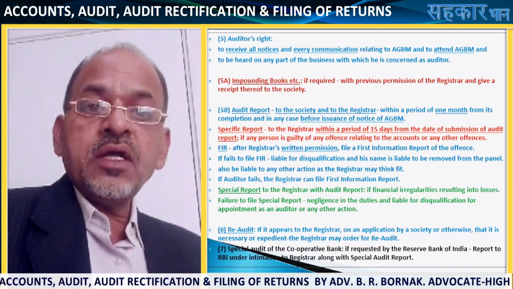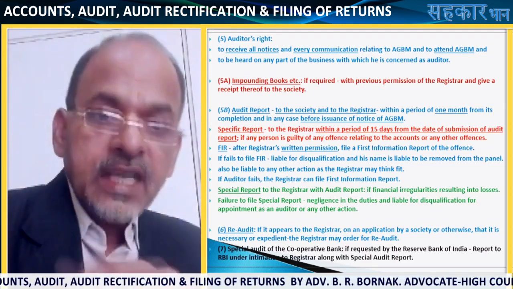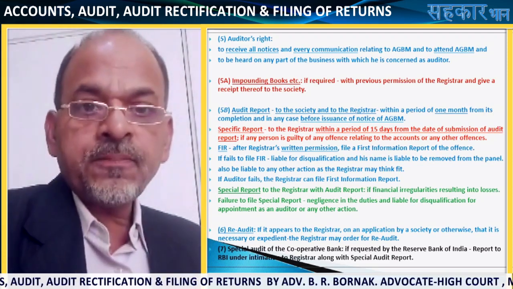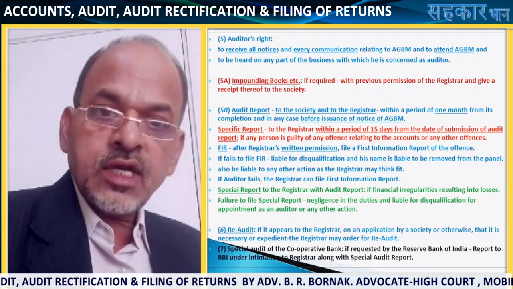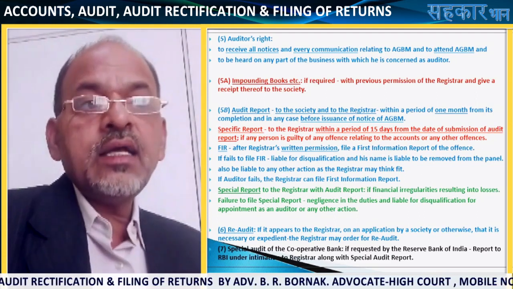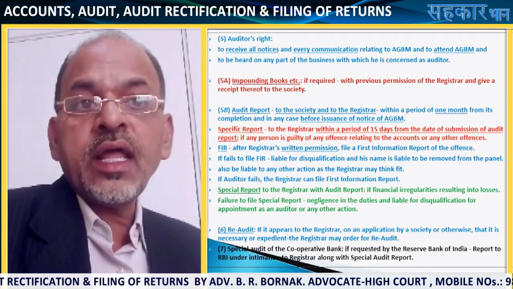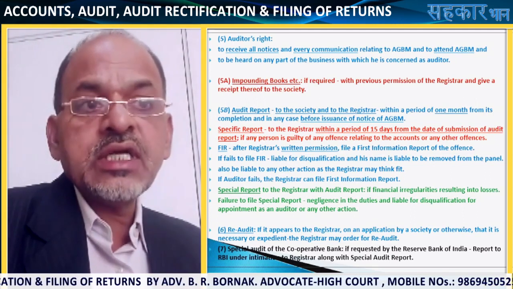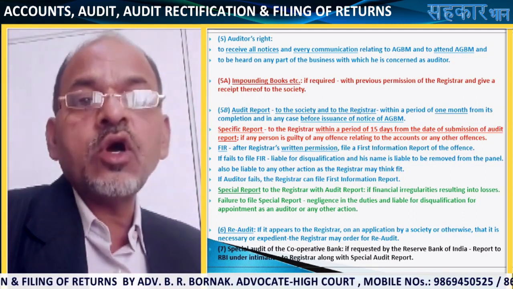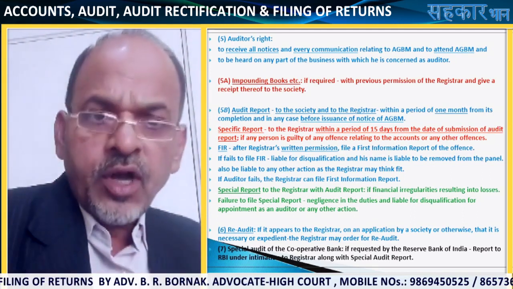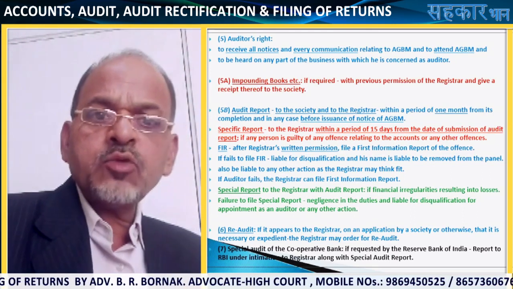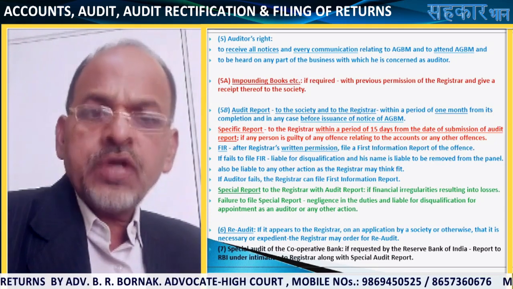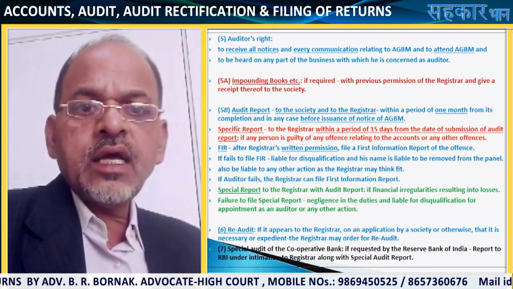Means the auditor is entitled to receive notice of the annual general body meeting and every communication relating to it. The auditor also has the right to attend the annual general body meeting, and can be heard on any part of the business with which he is concerned as auditor.